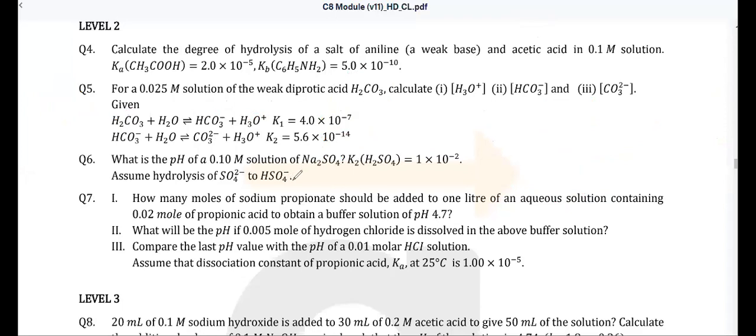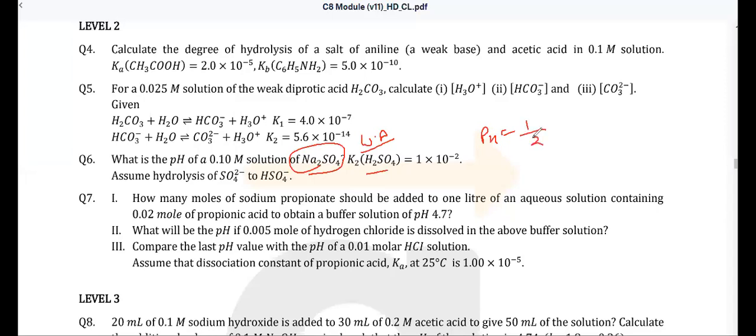Now second one, sixth one, tell me sixth one. Salt of weak acid, yes or no? K2 is given. What is the formula for pH?